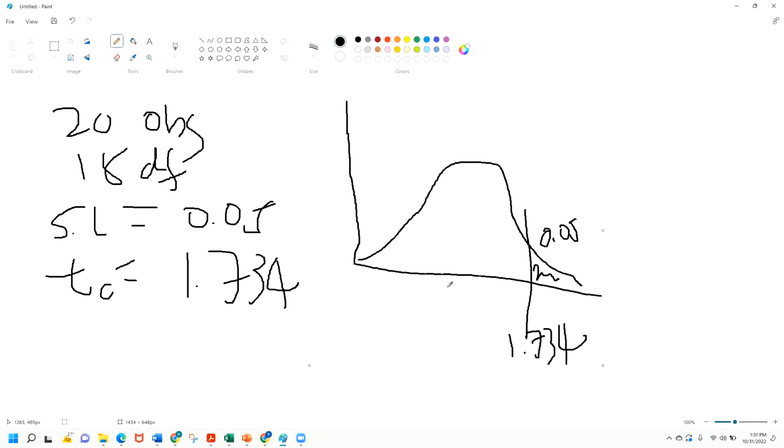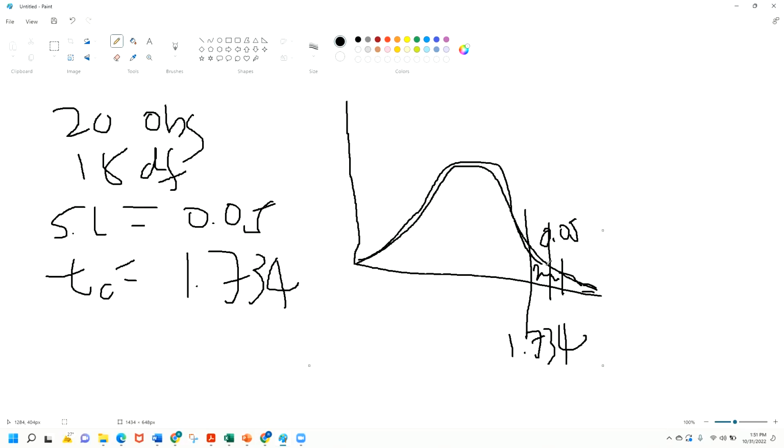Anything to the right of that should give a probability lesser than 0.05, because it's always decreasing.